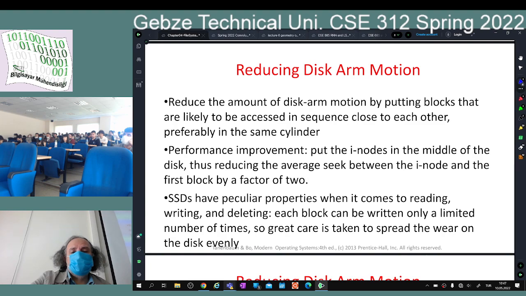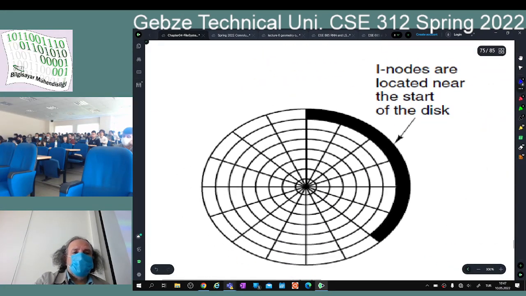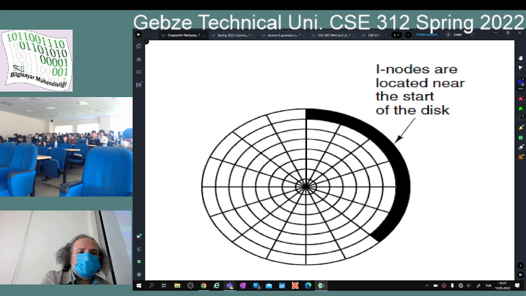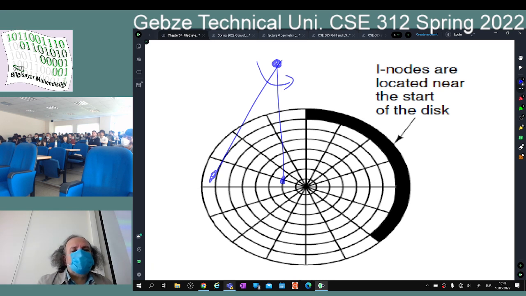Remember the disk arm? It has a pivot point, and by just rotating it this way, I can either read this part or that part. This is the disk arm motion. I know that I am going to need to move this disk arm either clockwise or counterclockwise.